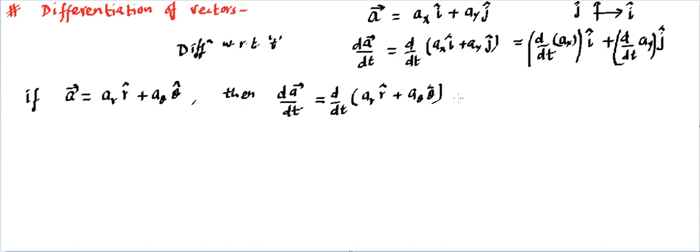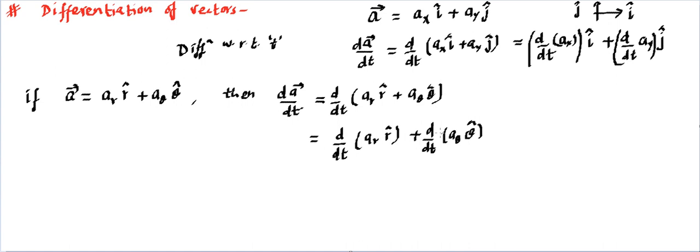Then there's a plus, so that means you can go for this distribution, so you distribute d upon dt on a_r r cap, and then d upon dt on a_theta theta cap. Now they are going to be treated with the product rule, because a_r is a function which can be a function of time. If a_r is a constant, you can take it out. If r cap is a constant, you can take it out. If both are constant, then it will become 0. So rules will be always there.